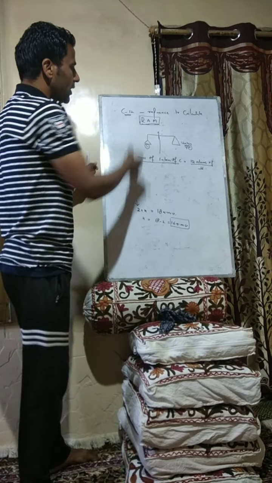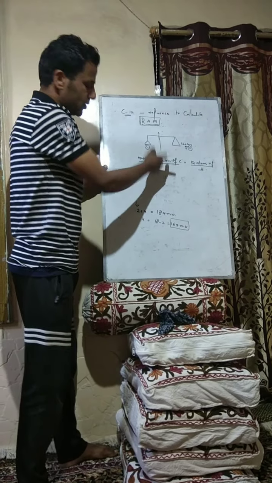Now how can we calculate the relative atomic mass using this carbon 12 isotope?